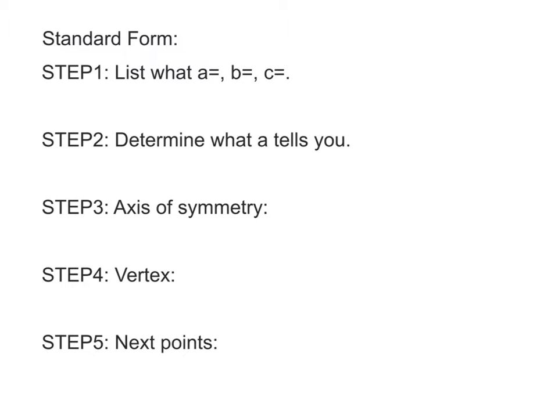So, standard form. Standard form for a quadratic equation is the equation y equals ax squared plus bx plus c. We're going to use that information to be able to graph a quadratic.